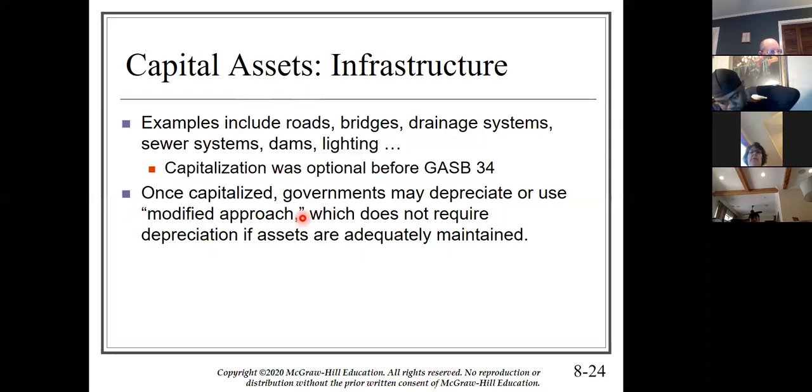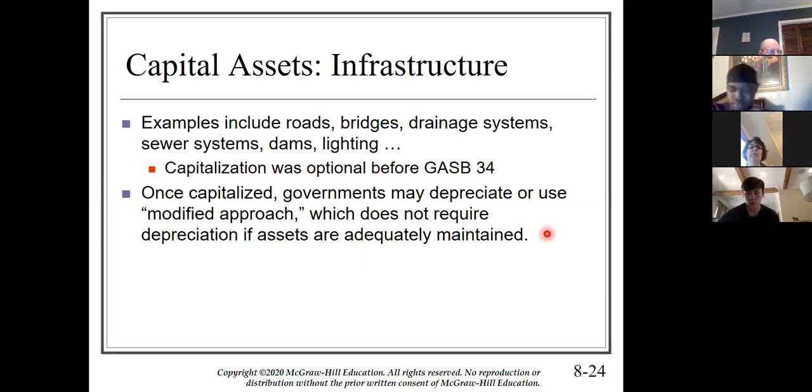So could the modified approach be used in Jackson? Hello, is anybody there? I'm sorry, what was the question? Could the modified approach be used in the city of Jackson?